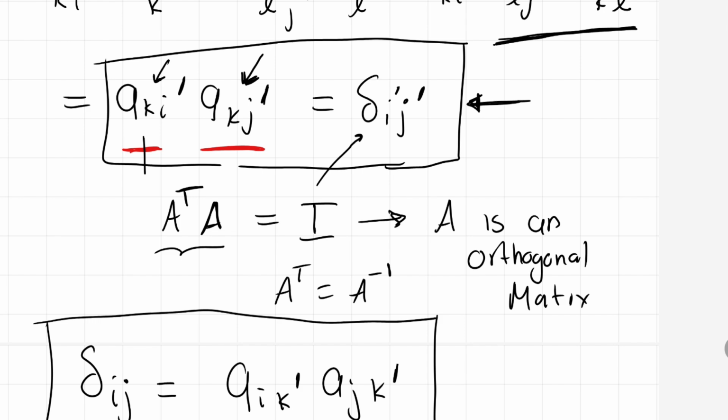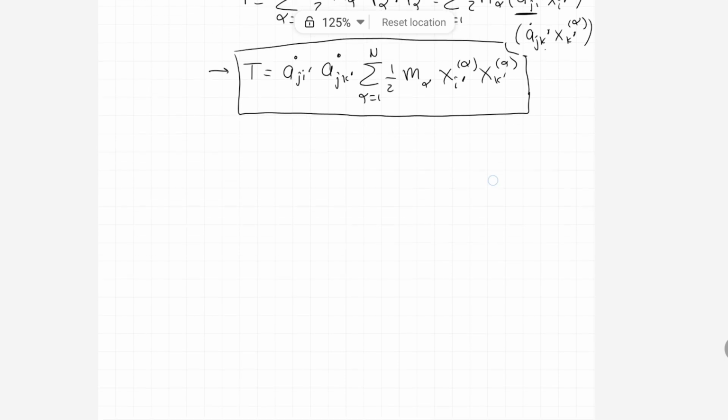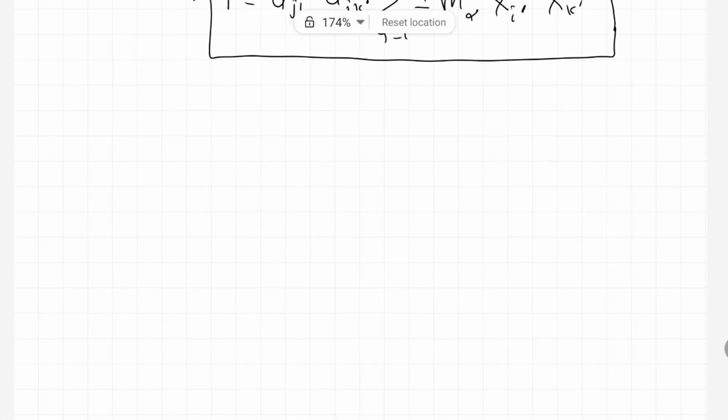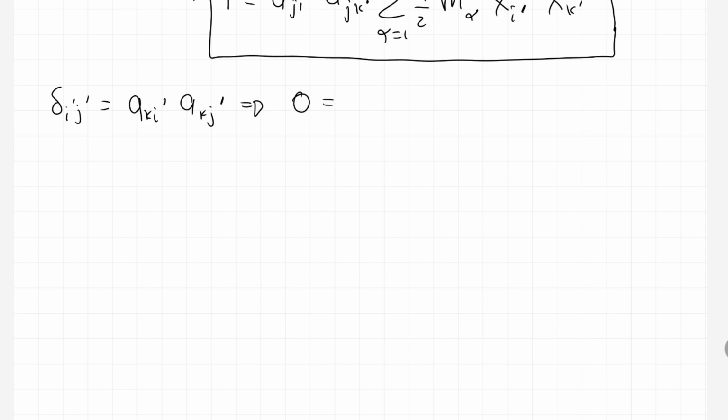We are going to take the derivative with respect to time on both sides of the equation and see what happens. Let me establish first that the Kronecker delta i'j' is equal to a_ki' a_kj', and if we take the derivative with respect to time, looking that the Kronecker delta is a constant, that will be 0, and here we are going to have the product rule for derivatives.